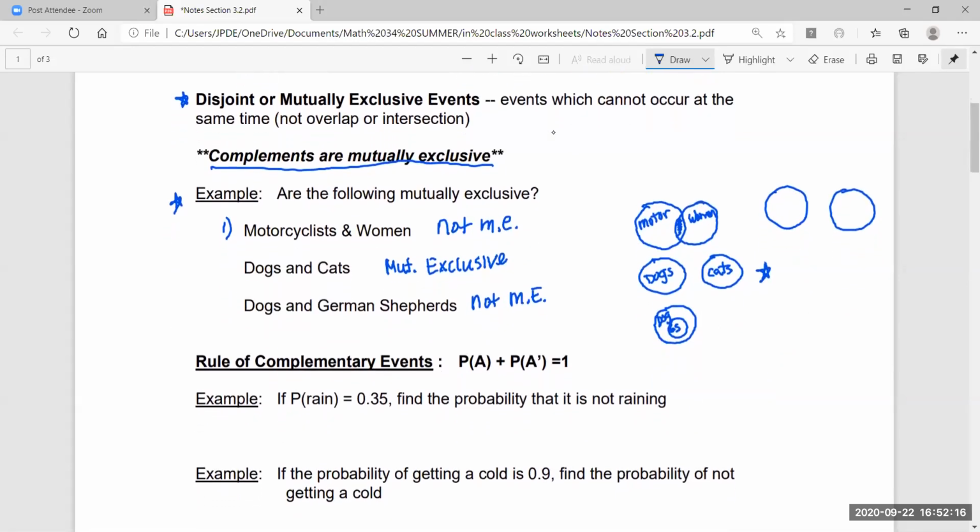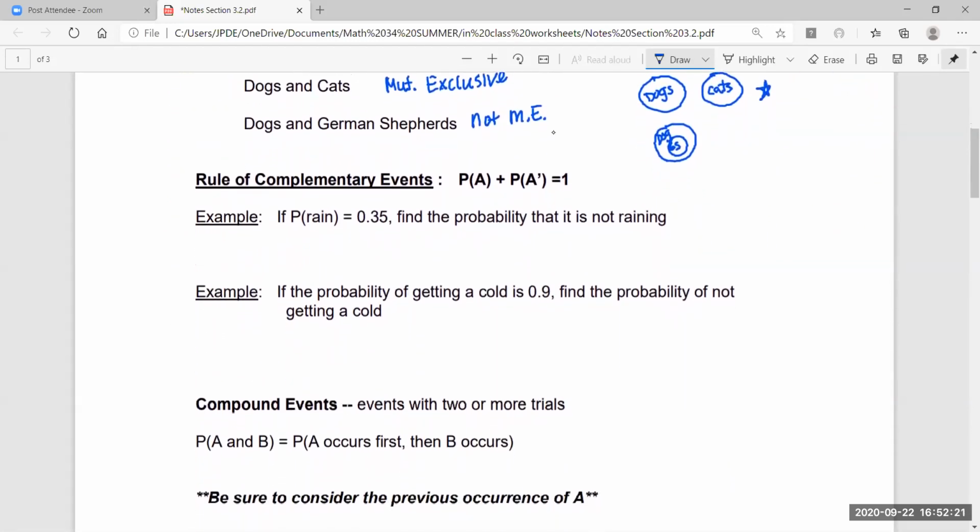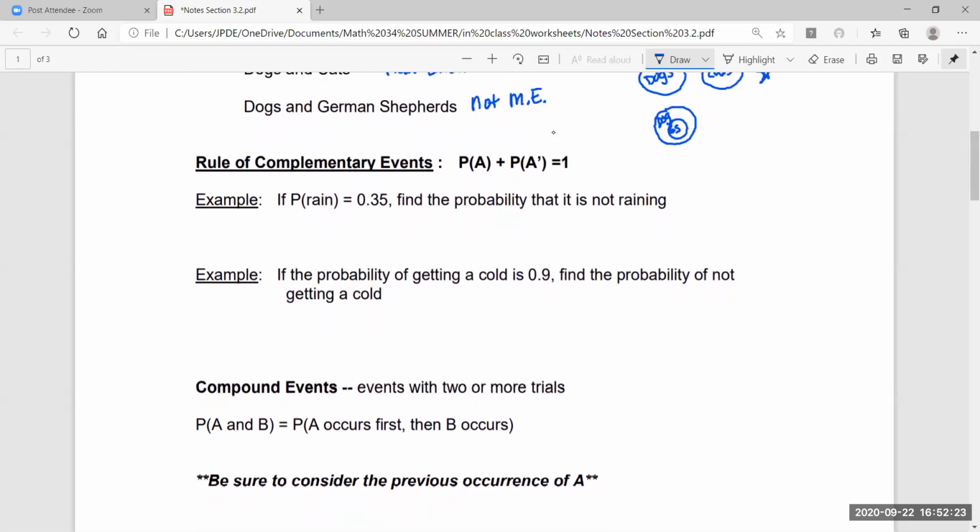Okay, this next rule we're going to look at is called the rule of complementary events. Your rule of complementary events says if you take the probability of an event plus the probability of its complement, I could also put the probability of A plus the probability of the complement, if I want to use the A bar, equals 1.